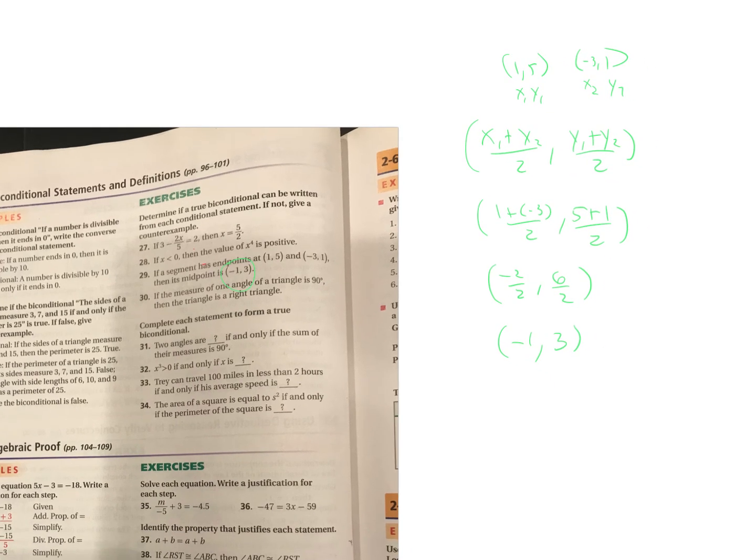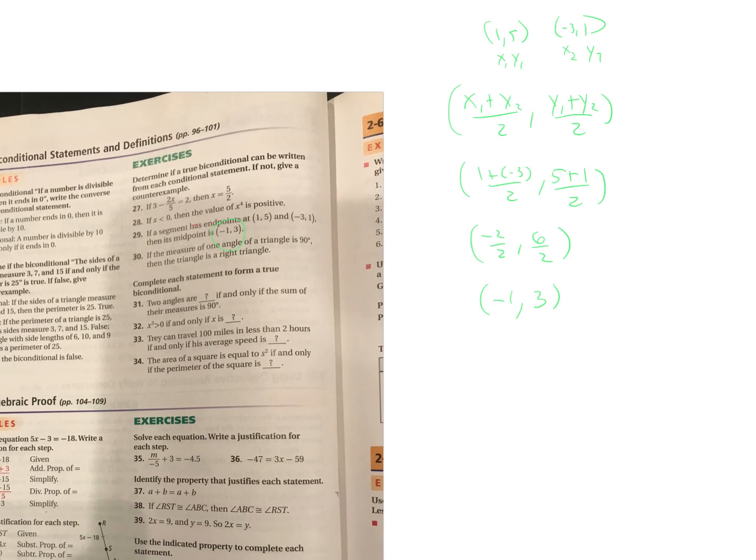However, I'm already seeing that the converse is not necessarily true, because if we said if a midpoint is negative 1 comma 3, then the endpoints have to be 1 comma 5 and negative 3 comma 1. Well, there could be a counterexample to that. For example, negative 1 comma 3 is right here. What if we just had the point negative 2 comma 3, and what if we also had another point of 0 comma 3 right here?